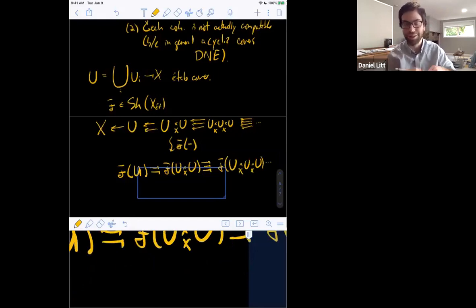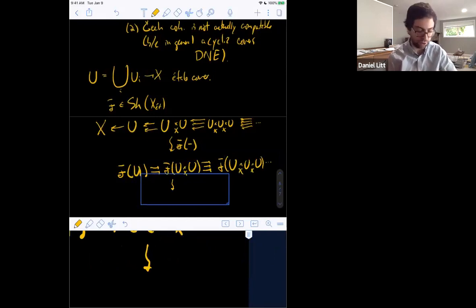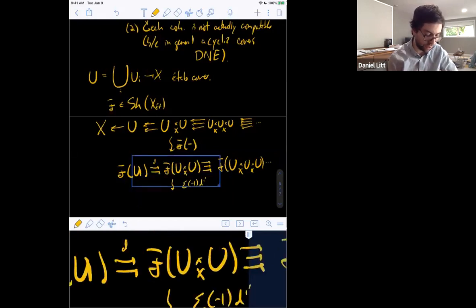It doesn't really matter if you know what that means. It's just a diagram with a lot of maps. And given a diagram like this, you can make a chain complex. How do you do that? Well, you just take the alternating sum of these maps, like d_0 and d_1, and so on.